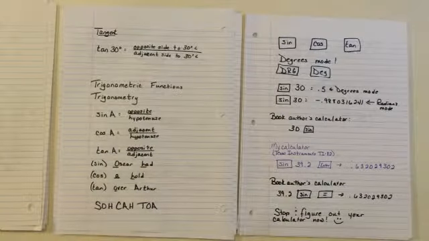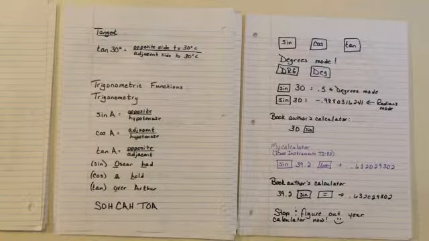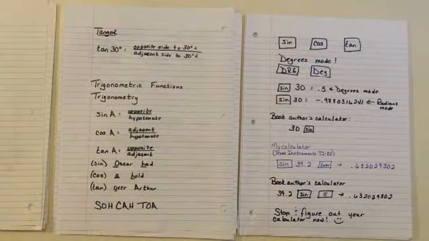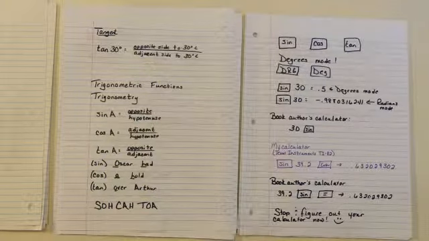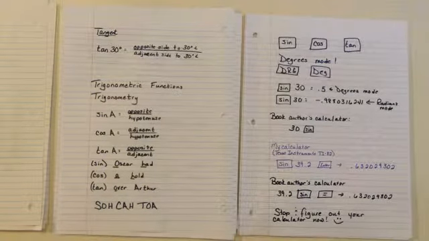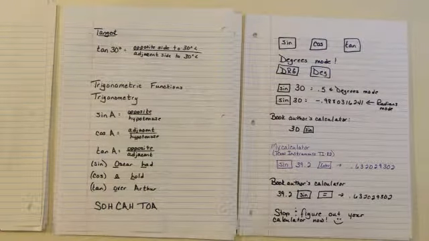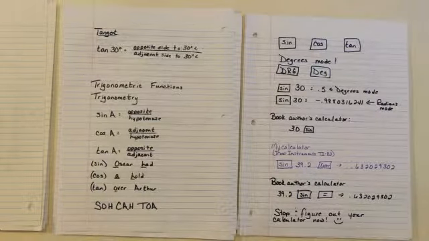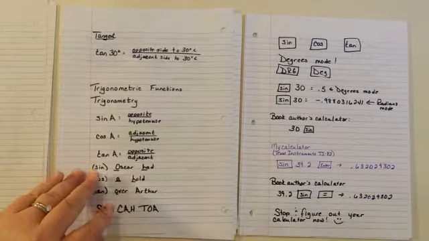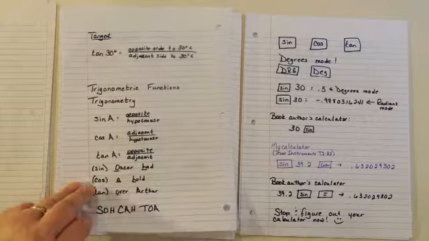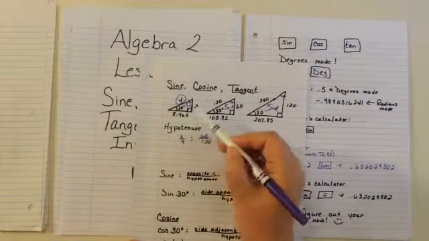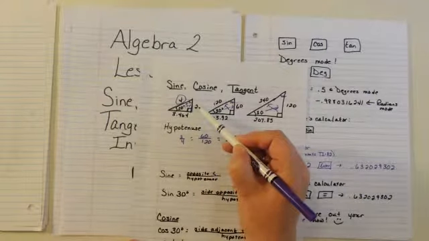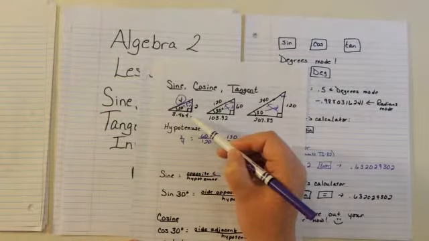Okay, tangent. The ratio of the side opposite the angle to the side adjacent to the angle is called the tangent. So now we're not using the hypotenuse. We're doing the opposite side over the adjacent side. So if we flip over once more, we can see this one is going to be opposite over adjacent, so 2 over 3.464.